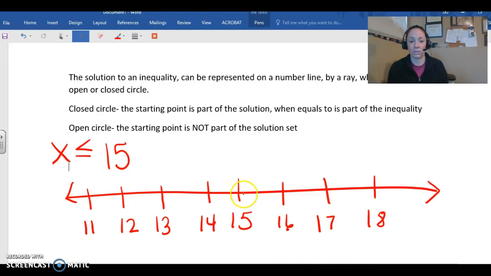All right. Since equal to is a part of the solution set, it means that it's very possible that 15 could actually be x. So we fill in the circle and we draw the ray down in the direction of the numbers getting smaller, because x is equal to 15 or it's less than 15. So we could go either way on that.